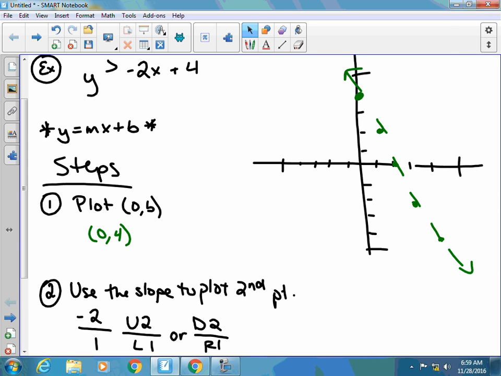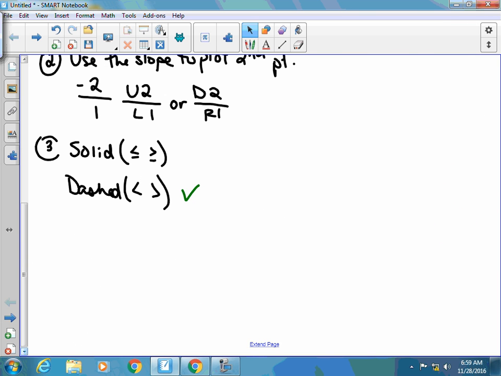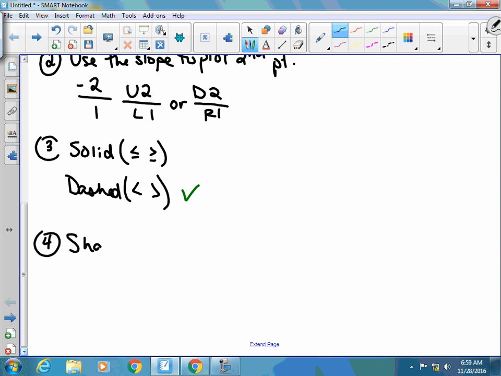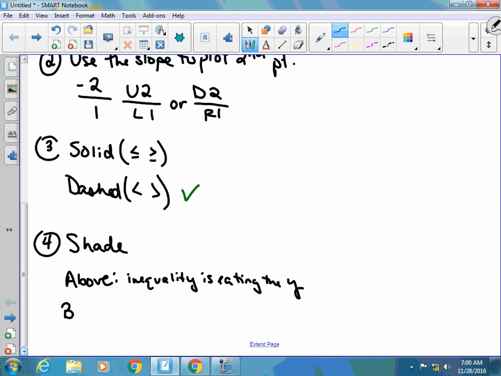And the fourth step is determining your shading. So if it's above, the inequality is eating the y. If it's below, not eating the y.